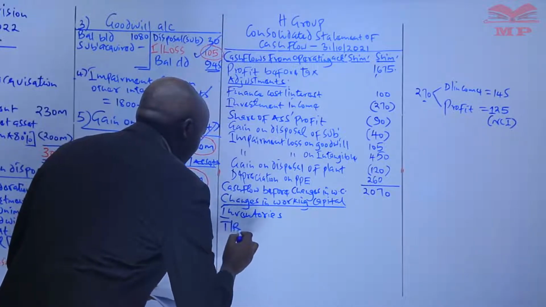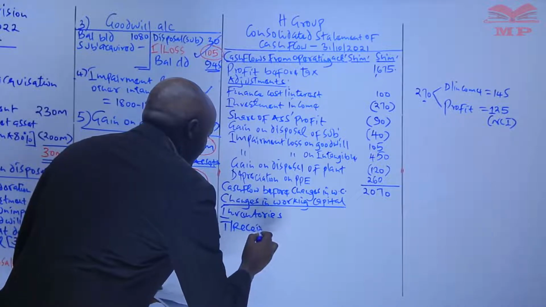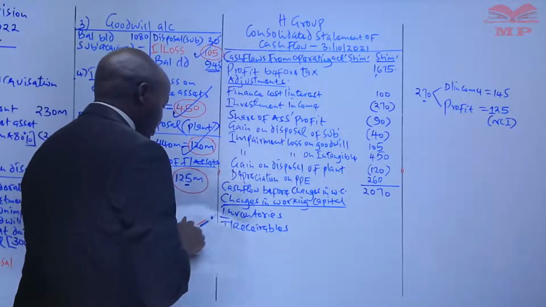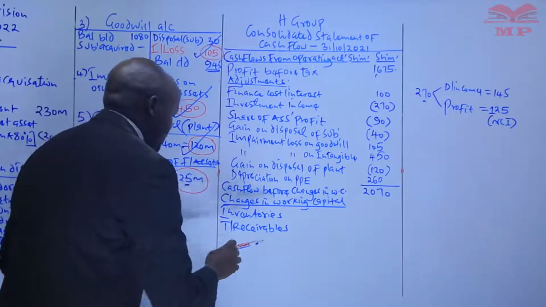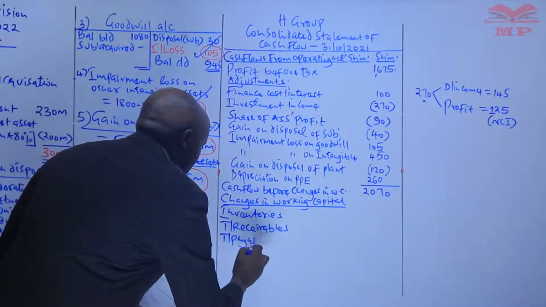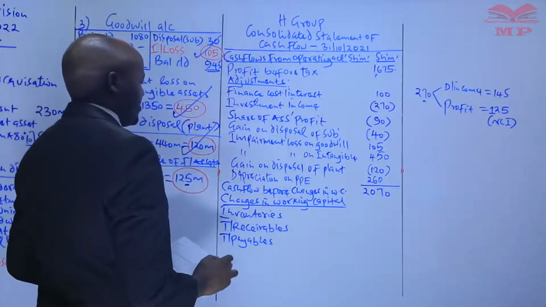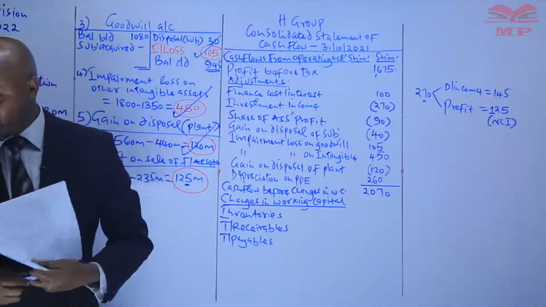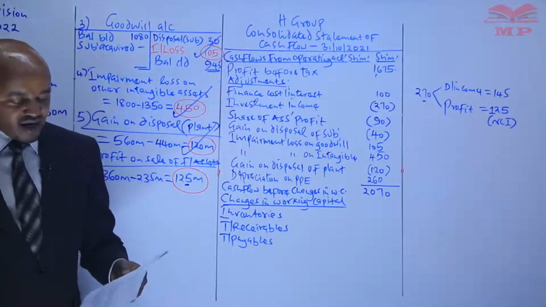So we then have the trade receivables. Then we go to where we have current liabilities. We take into account trade payables. So what we need to do here is to determine whether there was increase or decrease as far as these 3 items are concerned.